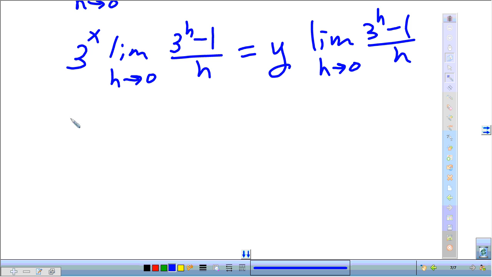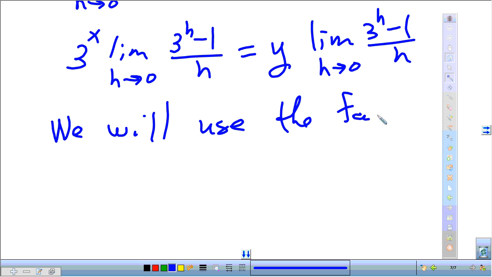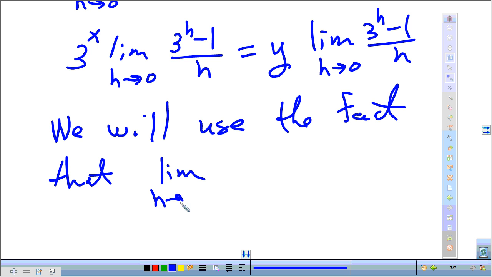Now at this point, we'll accept the fact that there is a particular limit. So if h goes to 0, 3 to the h minus 1 over h actually exists.